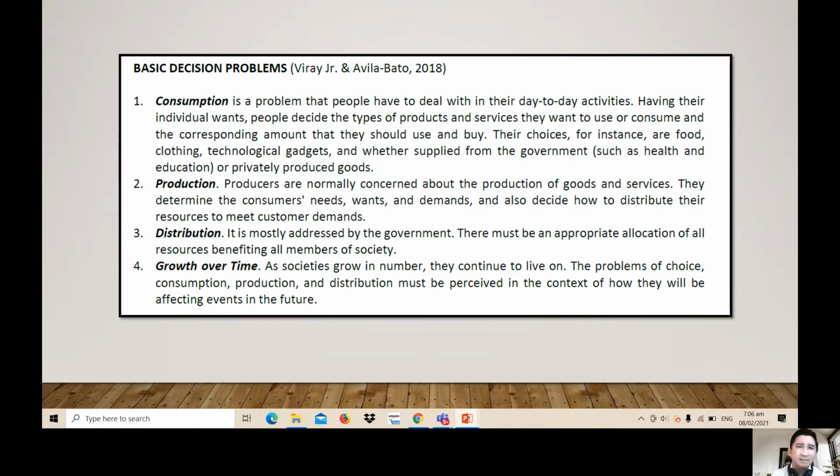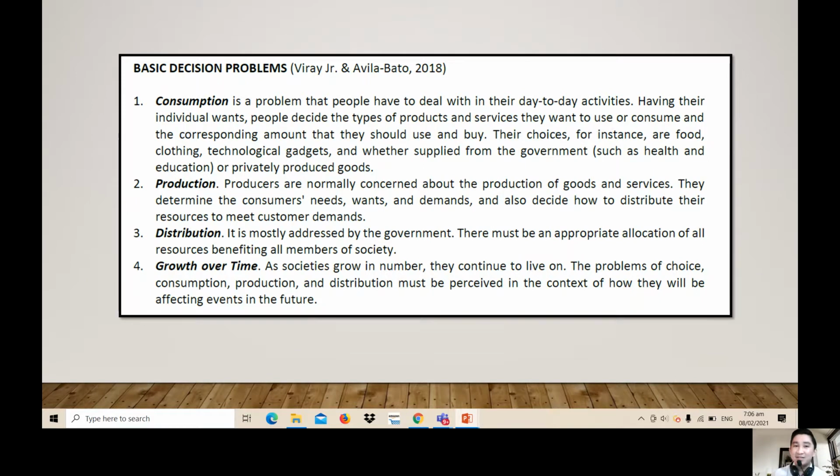And the last basic problem is the growth over time. So as the societies grow in number, they continue to live on. The problems of choice, consumption, production, and distribution must be perceived in the context of how they will be affecting events in the future. So that's growth over time.